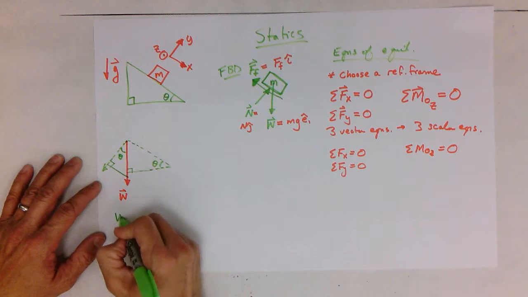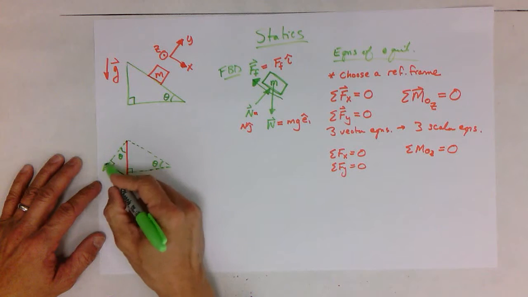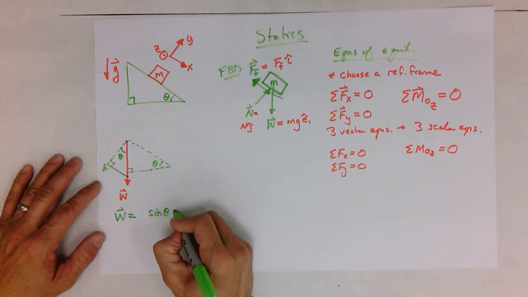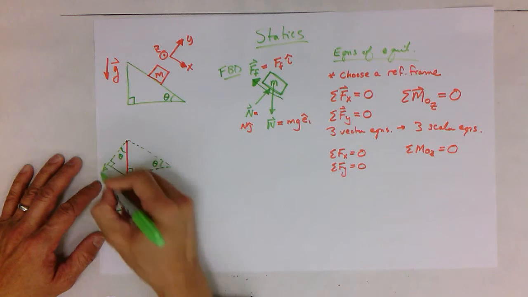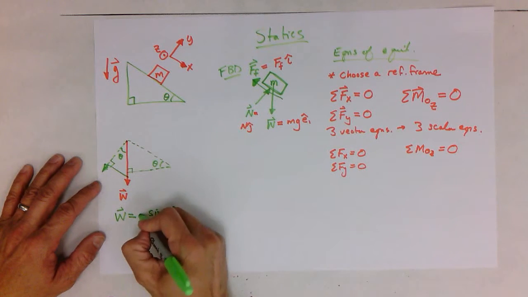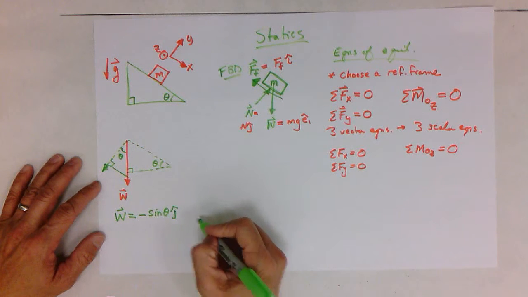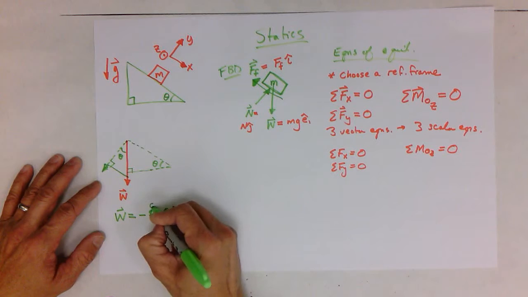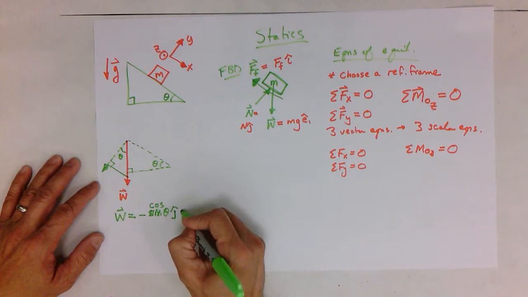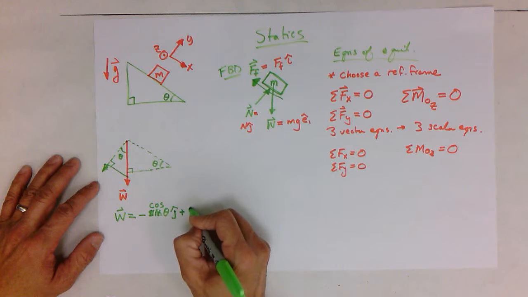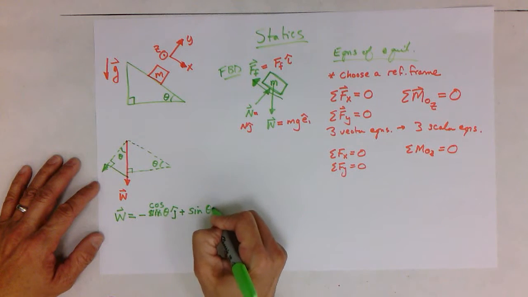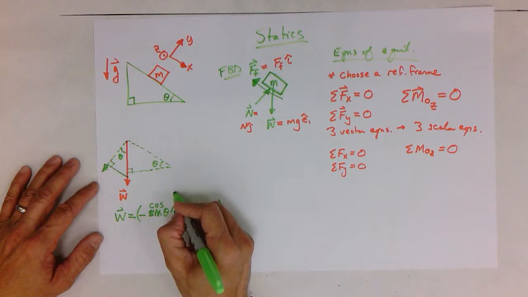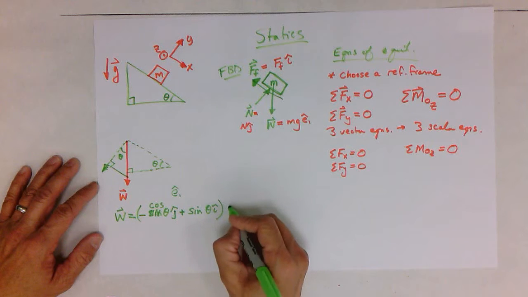So we can take W is equal to sine in the y direction, and it's pointing in the minus direction, so minus j direction. And then, I'm sorry, that's cosine. Cosine in the j direction, and then plus sine in the i direction. So that's the unit vector E, right? And then times the magnitude, mg.